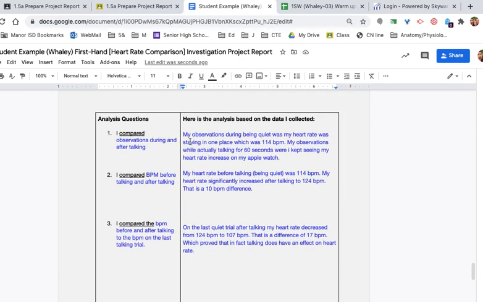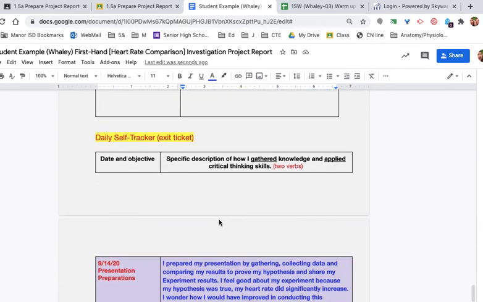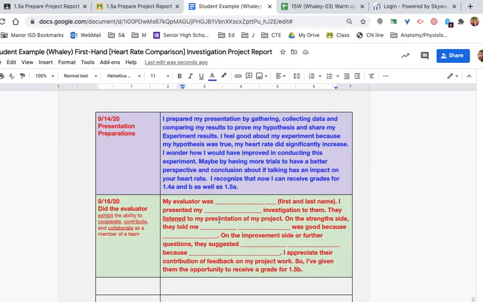Here's my comparison analysis. So you see my numbers here. I'm comparing quantitative data. Also observations. Kept seeing my heart rate increase. It's still kind of quantitative, but it's observing it in real time. And then 9:14, this is my self-tracker.